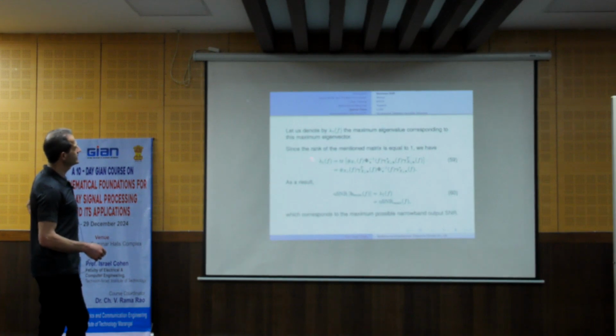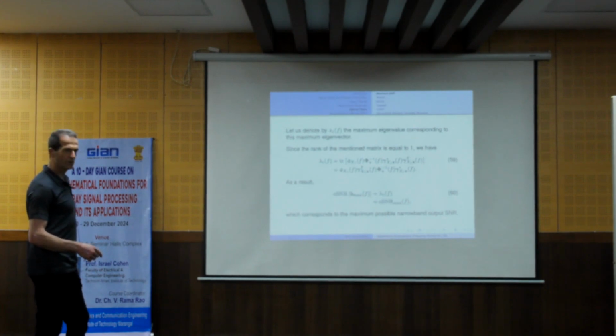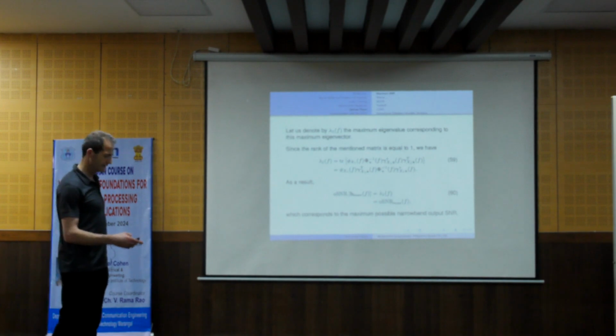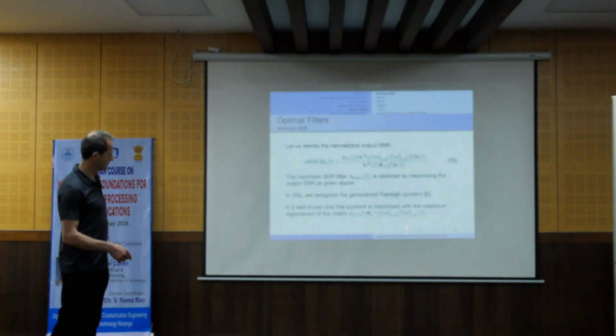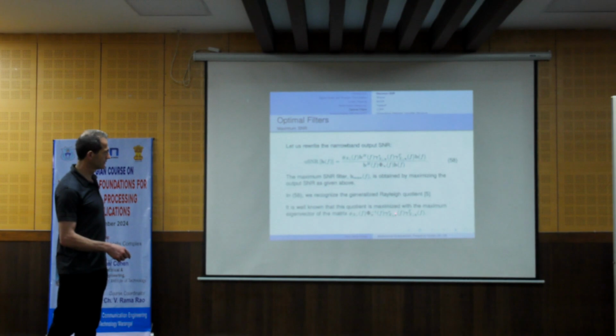So first we see that lambda 1 can be formulated like this. How do we do it? Because lambda 1 is the trace of this matrix. How do we know that lambda 1 is the trace of this matrix? Okay, you see, the rank of this matrix is 1.